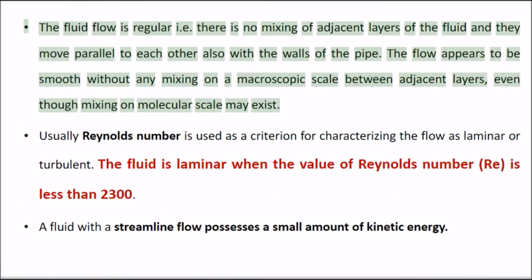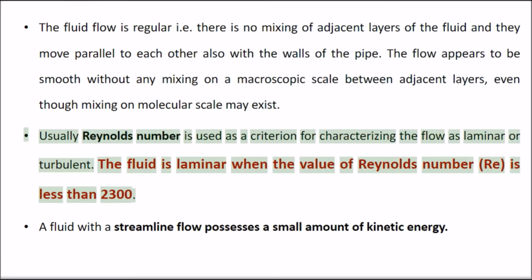The fluid flow is regular, i.e. there is no mixing of adjacent layers of the fluid and they move parallel to each other and also to the walls of the pipe. The flow appears to be smooth without any mixing on a macroscopic scale between adjacent layers, even though mixing on molecular scale may exist.